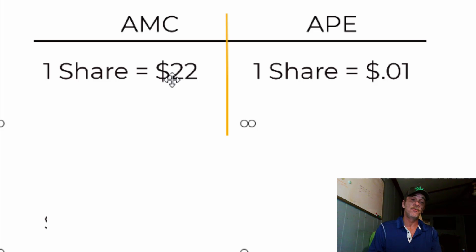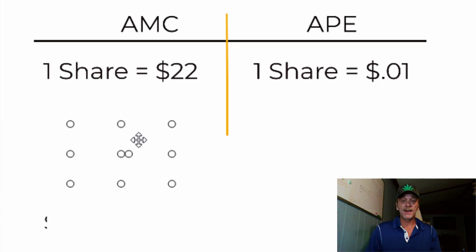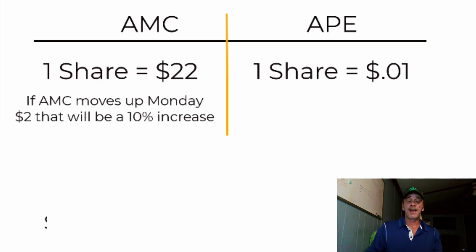Its par value is 1 cent. That's what it will be worth on the 19th. But what if you wake up on Monday the 22nd and AMC was moved up $2 to $24? That is a 10% increase.